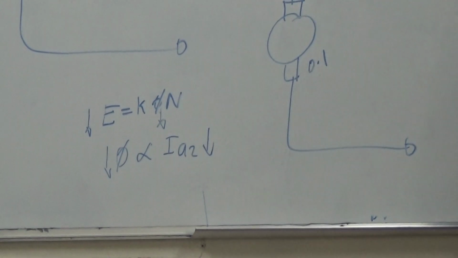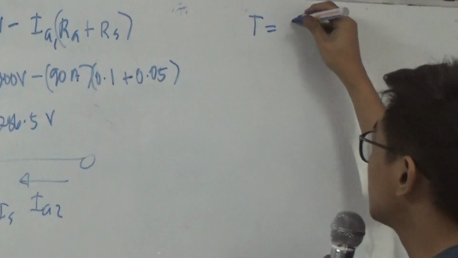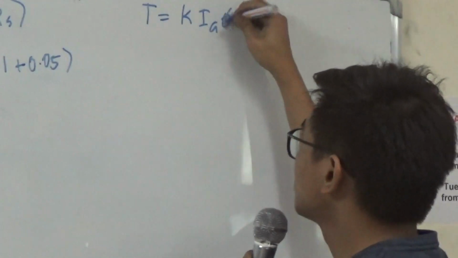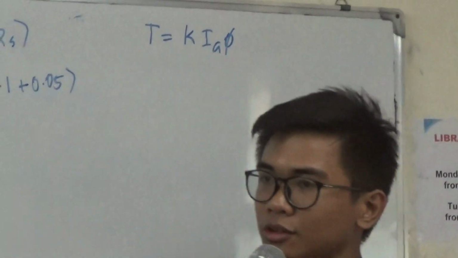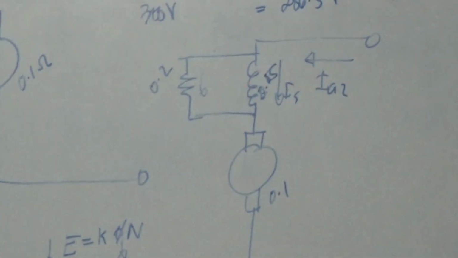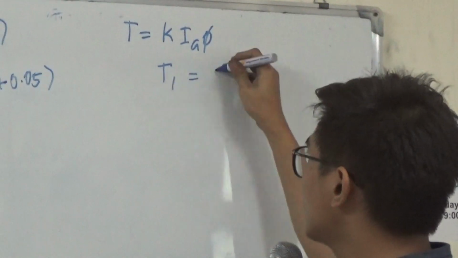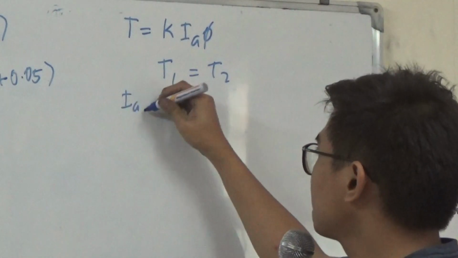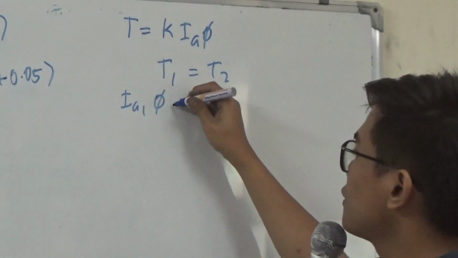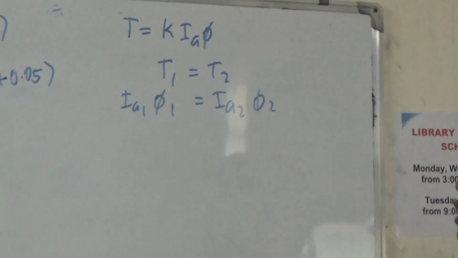So, from there, hindi tayo makakuha ng sagot dito, no? Kukuha tayo ng sagot sa torque. T is equals to K flux IA. So, assuming full load torque pa rin siya, yung kaninang condition naman is full load torque din. So, T1 is equals to T2. So, IA1 and flux 1 is equals to IA2 and flux 2.